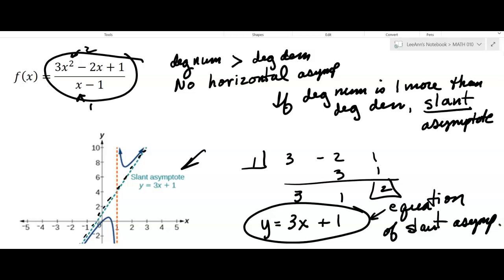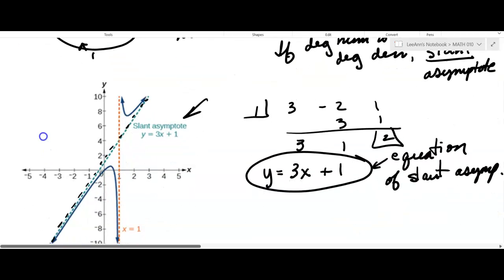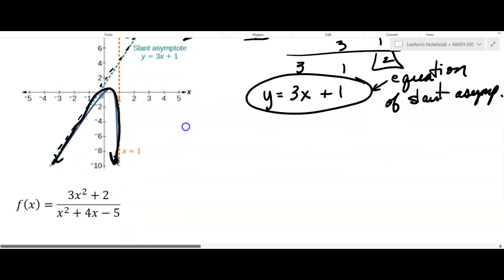And that's why it can only be 1 degree more. Otherwise, you wouldn't get a linear function. So that's the case of the slant asymptote. And notice that you have this curvy thing going in here, approaching those asymptotes. And then there's another piece up here approaching those asymptotes. So you might have a slant asymptote.